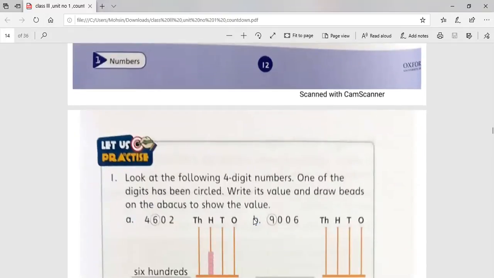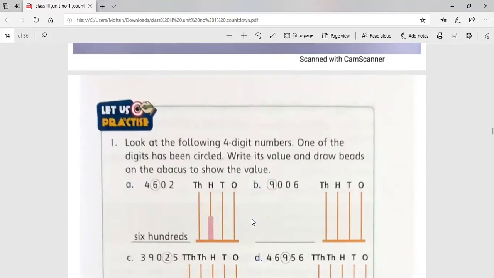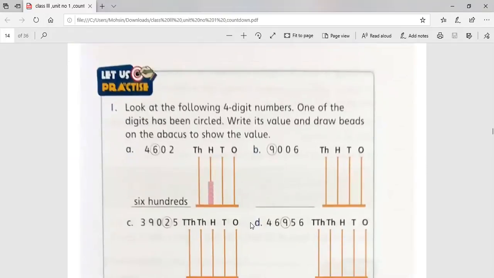Now come to page number 13. On page number 13, question number 1 says: look at the following 4-digit numbers. 4-digit numbers means numbers like 1,000. One of the digits has been circled.